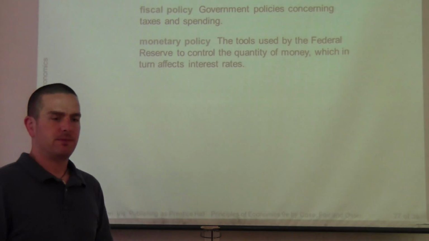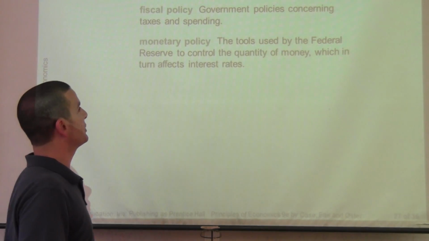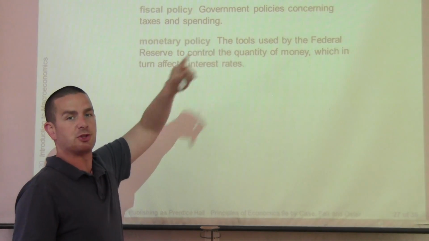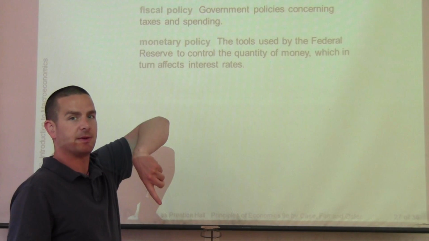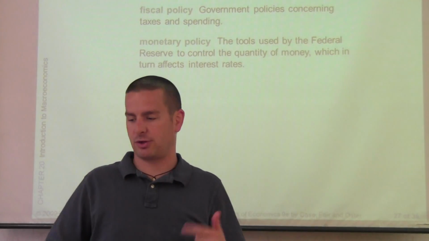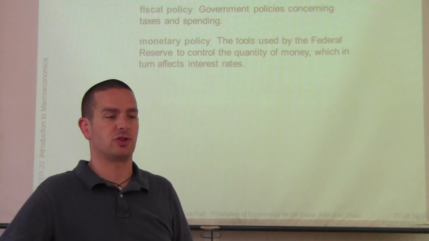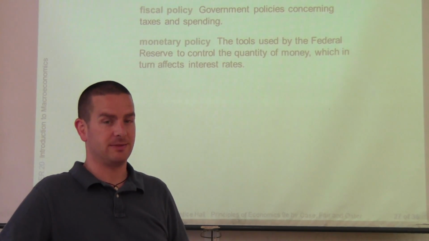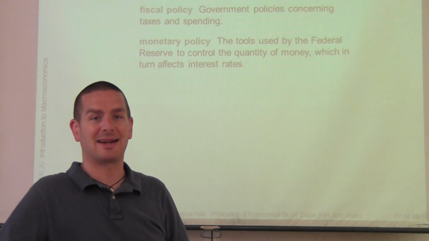So let's talk about the role of the government real briefly. The government is responsible for two policies, fiscal policy and monetary policy. These are important to remember throughout the course of the semester. I find students have a hard time memorizing which is which, so just memorize it. Fiscal policy involves the government spending and taxing.